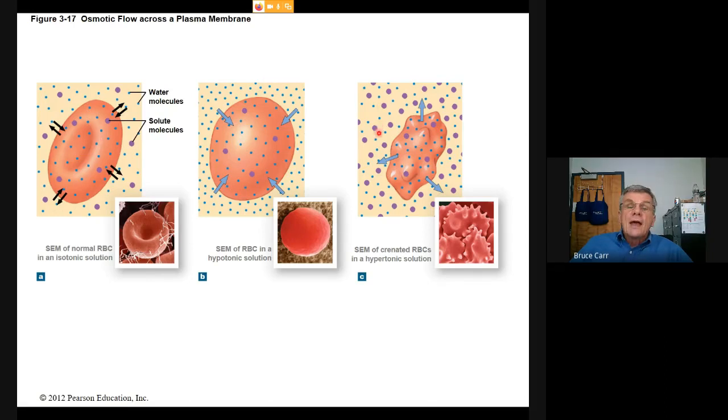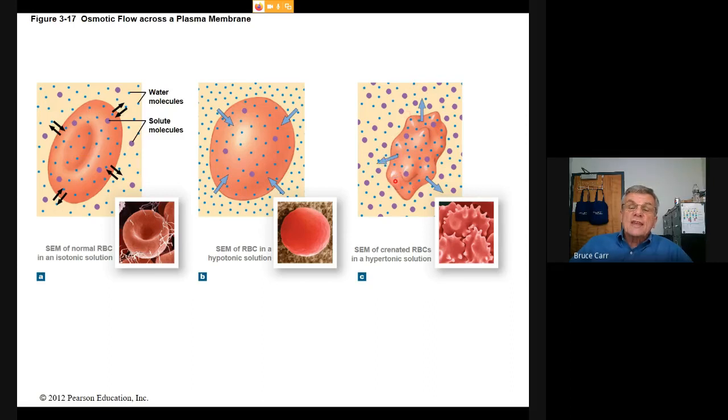Over here, you'll notice how the water is now farther apart, but there's a lot more solute outside. So the concentration of water inside the cell is hypertonic to the surrounding medium. Since it's higher inside than outside, water leaves the cell, and this cell shrinks.